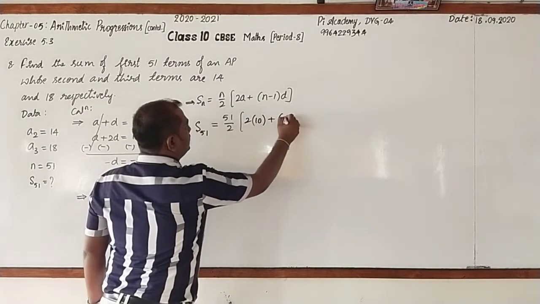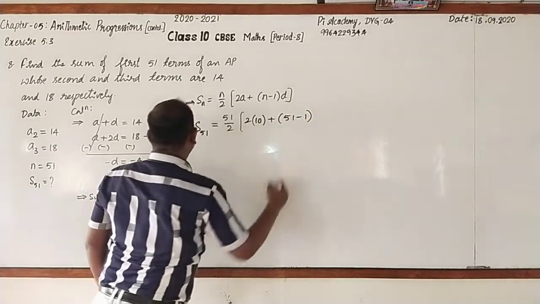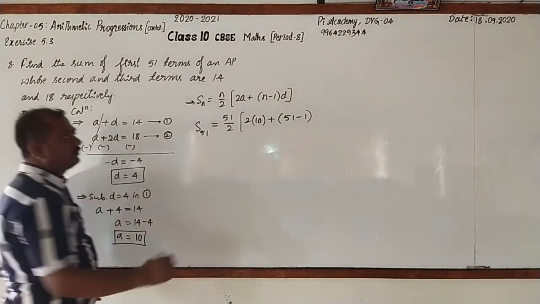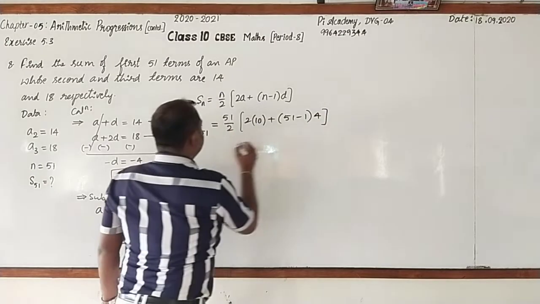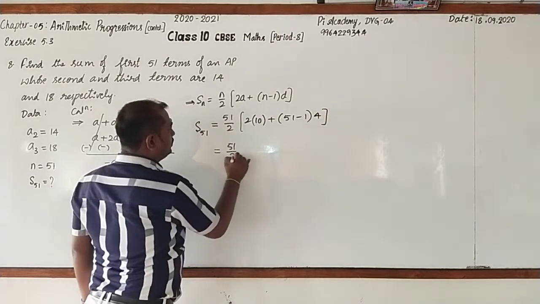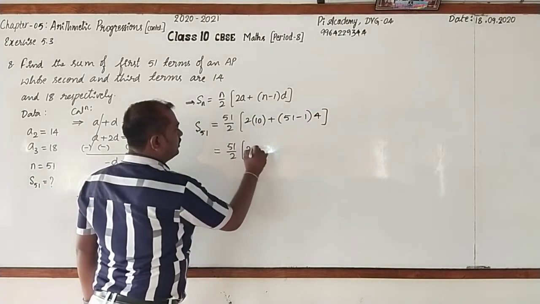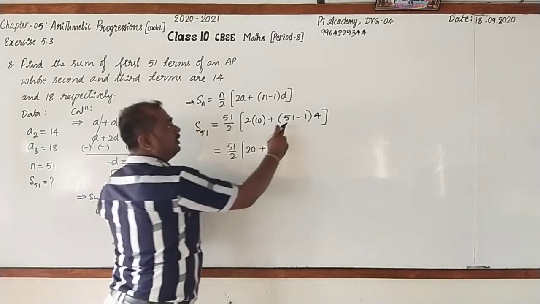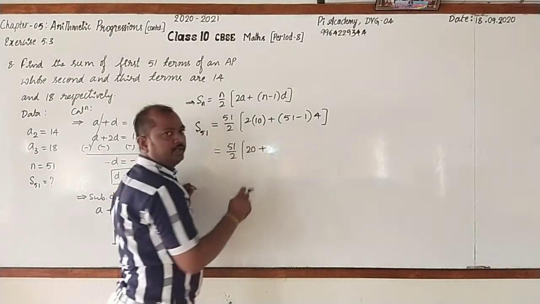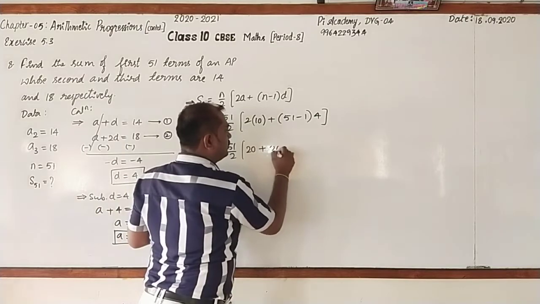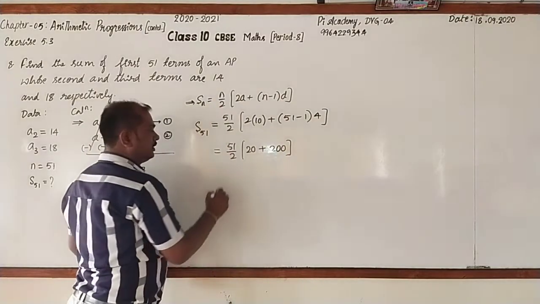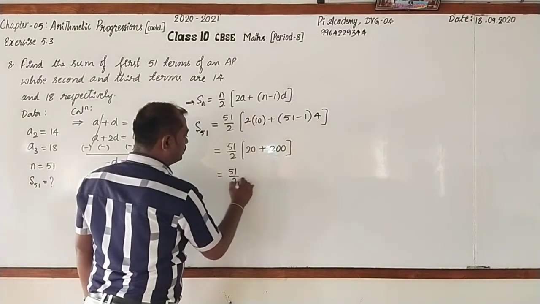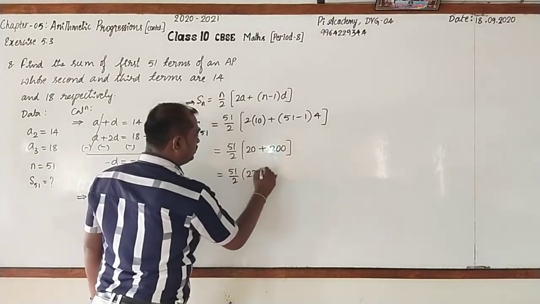Plus of n is 51 minus 1 into d, d is 4. This is equal to 51 by 2 into 10 twos are 20 plus 51 minus 1, it is 50, 50 fours are 200. It is equal to 51 by 2 into 220.